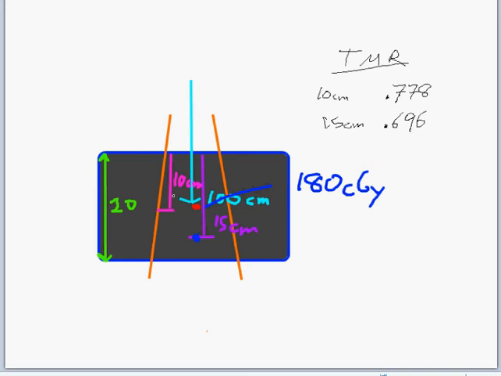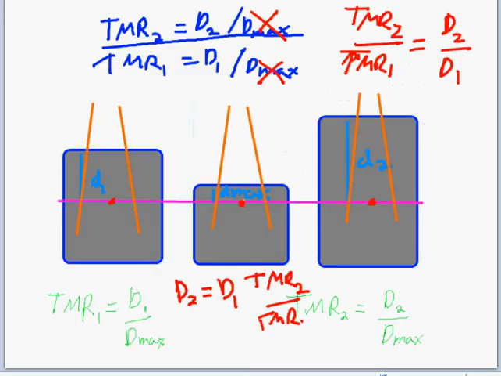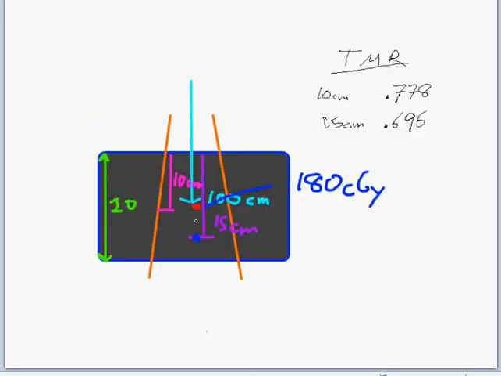So the main point about TMRs is that they're not hard to use, and we can use them like a ratio, like we did with percent depth dose. The only difference is that the ratio just gives you the difference in doses if you were at that same point, at that same distance from the source. Of course, we're not, so we also have to take inverse square into account.